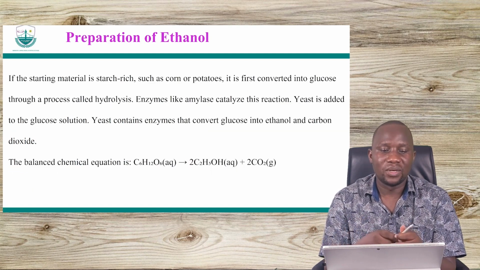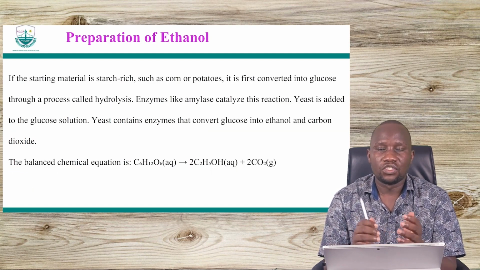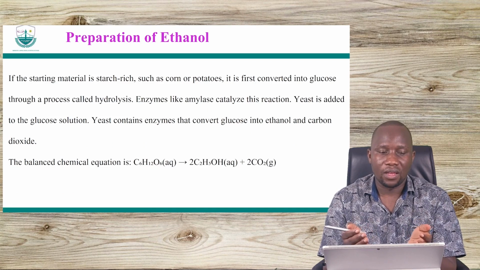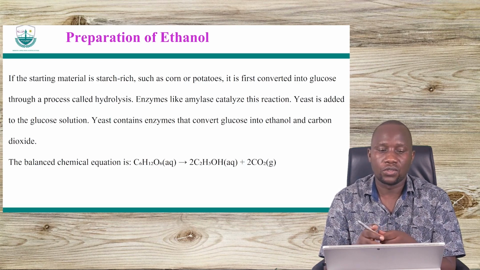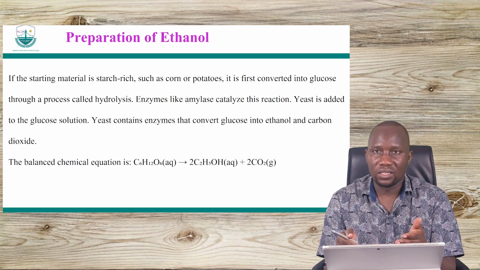What happens in there is that you need a source of carbohydrate. This can be the banana, the potatoes, or the corn, and the first thing is to make sure that these are converted into glucose, and the process is hydrolysis, a breakdown to release this sugar.